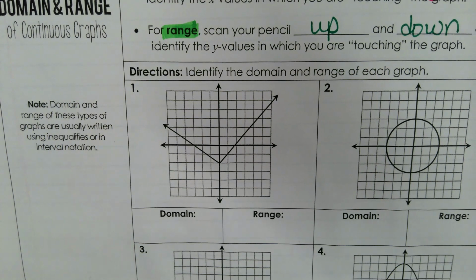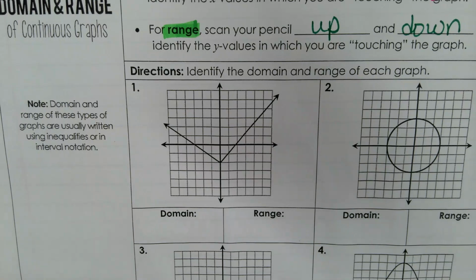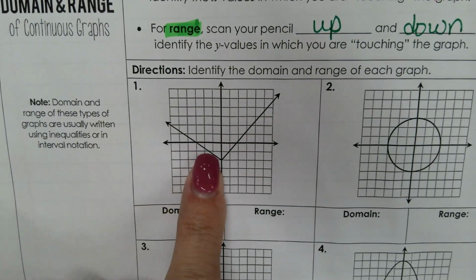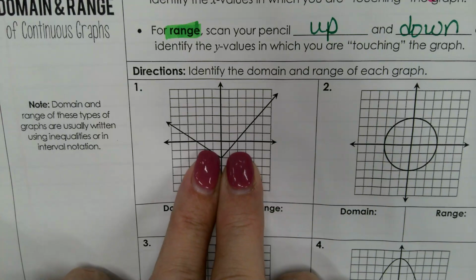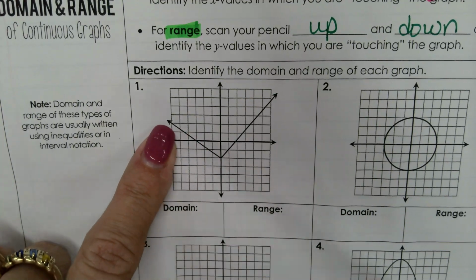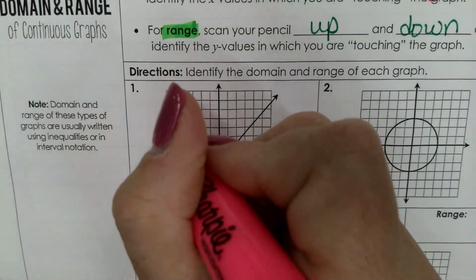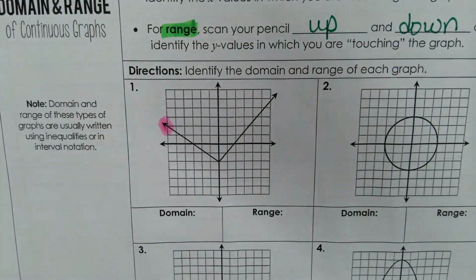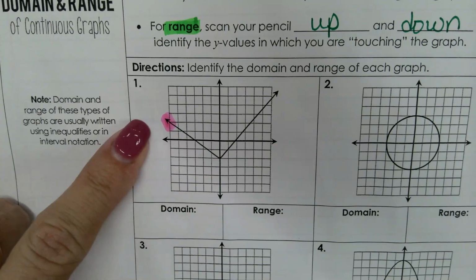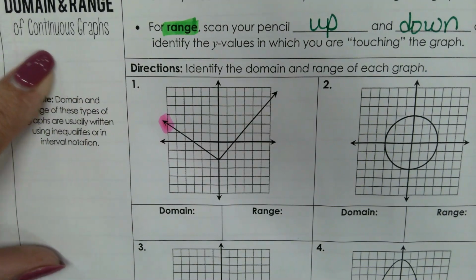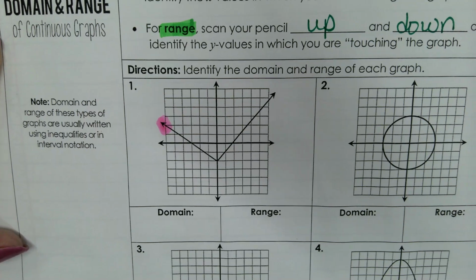Okay, so the domain. I'm looking at this graph, and I'm starting at the origin, and I'm going left. This arrow right here means that as I go left, what's happening to the graph? It's getting wider and wider and wider to the left.